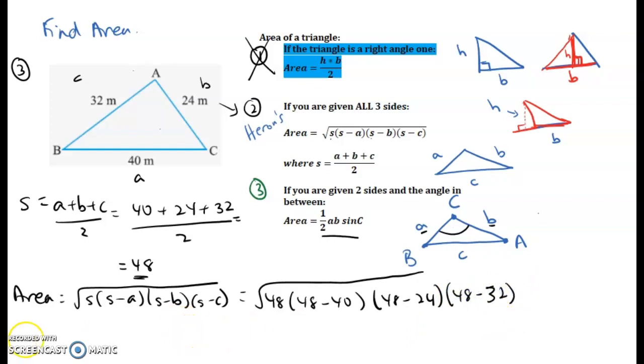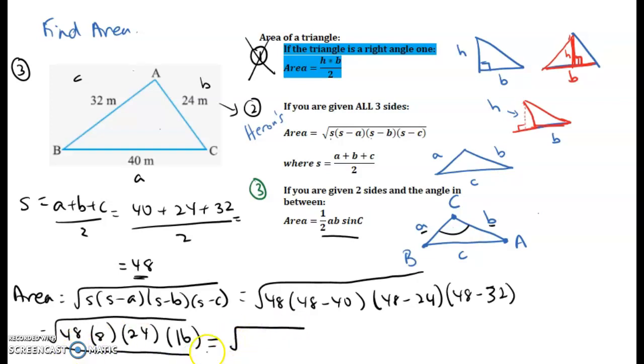Now, working that out, I'll get 48 by 8 by 24 by 16. Now, multiplying all of these four answers here, I will get 147,456, and now when I find the square root of that, I'll end up getting 384, and what was it? Meters squared. So that, everyone, is the area of my third triangle using Heron's formula.